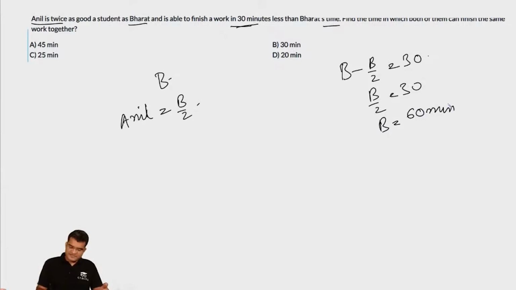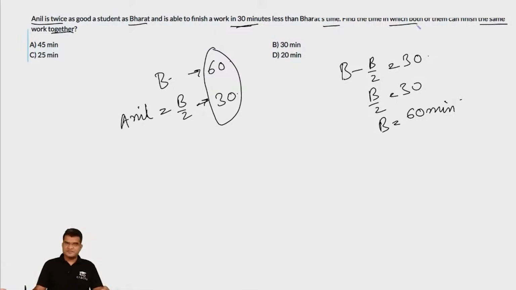So Bharat will finish this job in 60 minutes, and this would imply that Anil will finish the job in half the time, which is 30. As you can imagine, 60 minus 30 is 30. What we are required to find out is, if both of them work together, how much time will they take to finish the job? If they are going to take T time when working together, it would imply that 1 by T is equal to 1 by 30 plus 1 by 60.